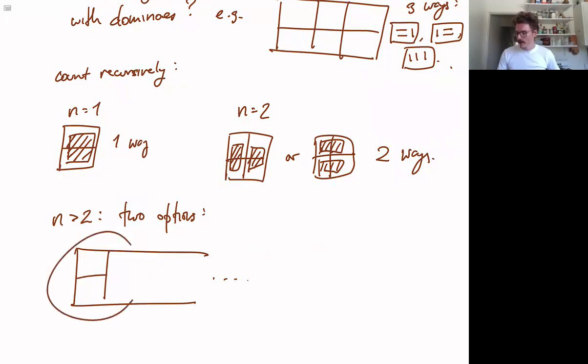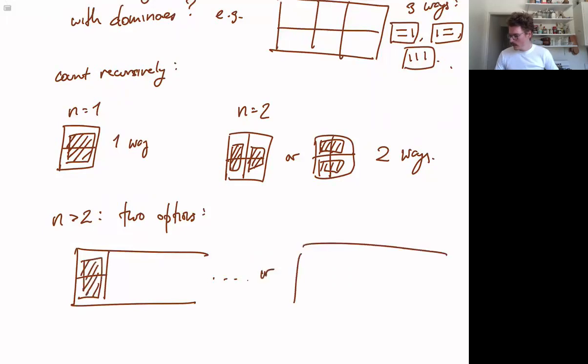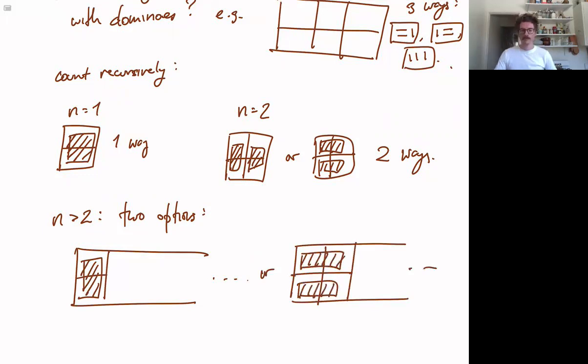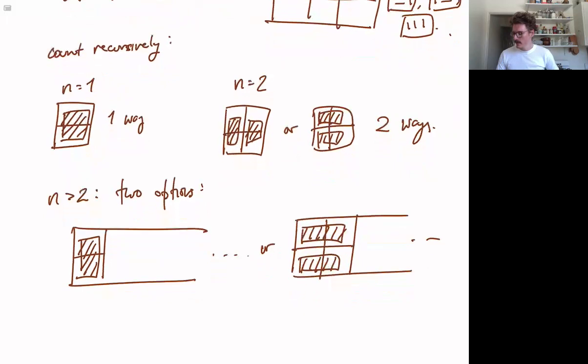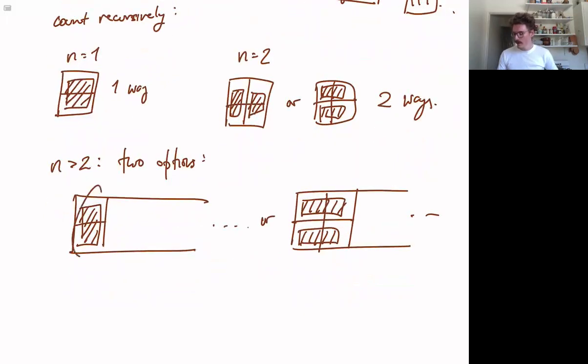We're going to look at what we're doing at the very left end. And there's 2 options for what we do there. Either we put 1 domino vertically, or we put 2 dominoes horizontally. And let's consider what happens in each of these cases. So these are the only 2 ways that you can fill up these 2 squares, right?